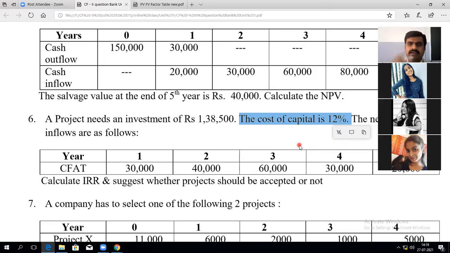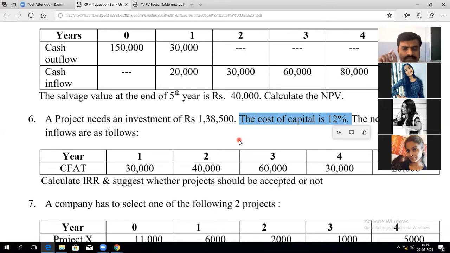Put the lesser than symbol, lesser than 12%. Close the bracket. Then write full stop. Then continue.